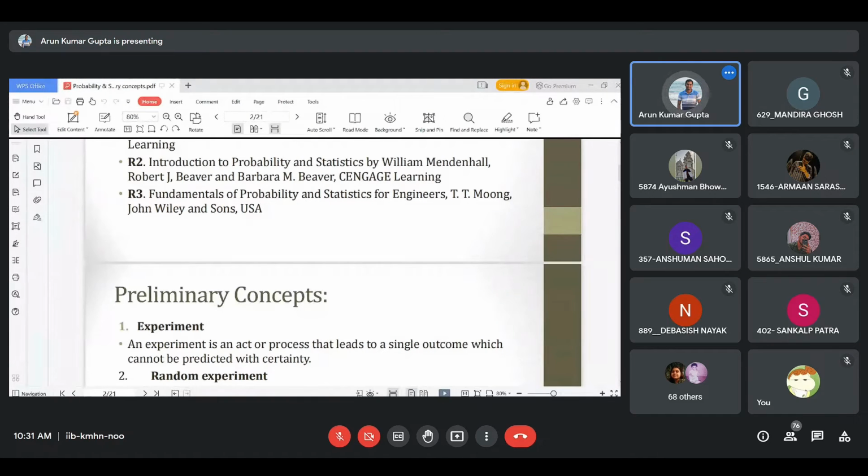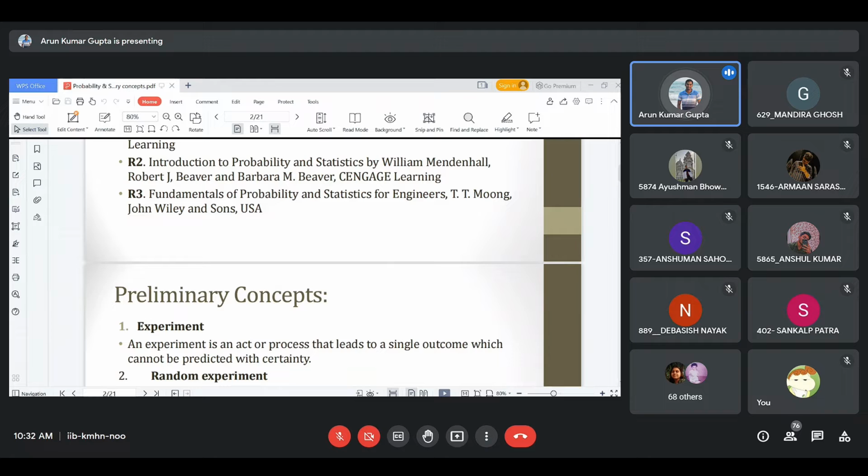We call an experiment any event where the outcomes are known, but which single outcome will appear cannot be predicted with certainty.